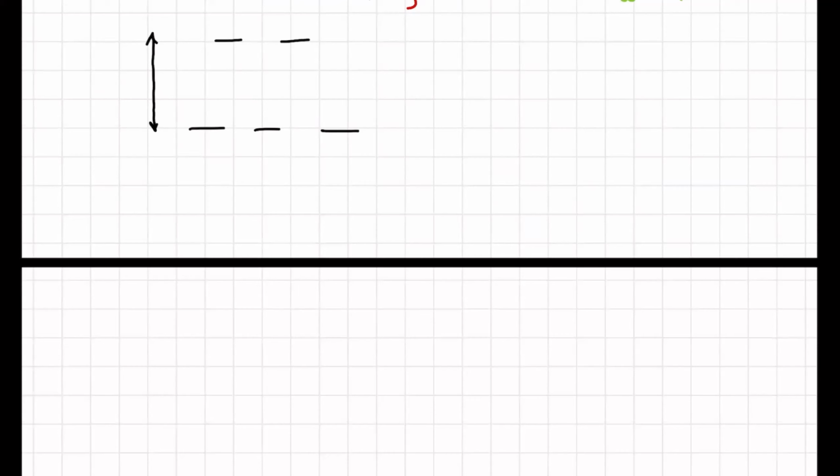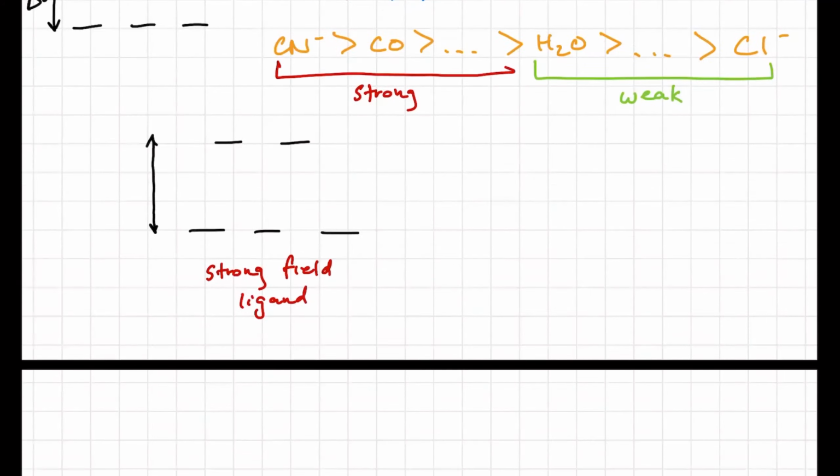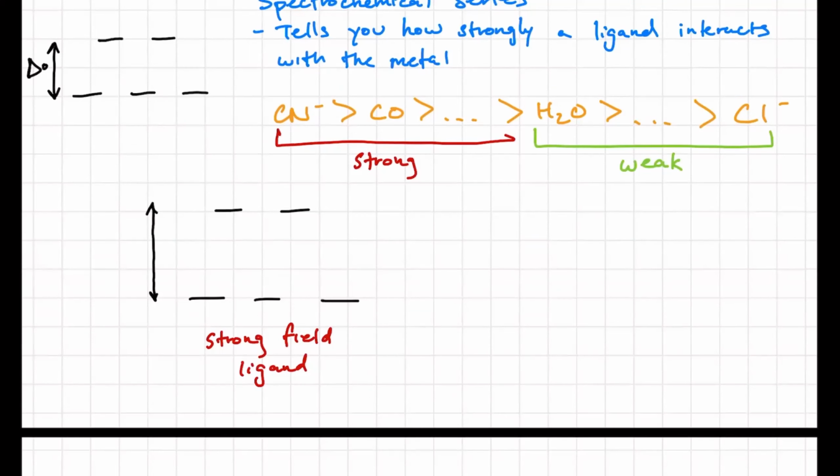Let's do the first case of a strong field ligand. If you have a strong field ligand, that's going to split your energy more, so it's going to make this gap bigger. And how you can denote that is by saying delta O is large. That energy gap is large.